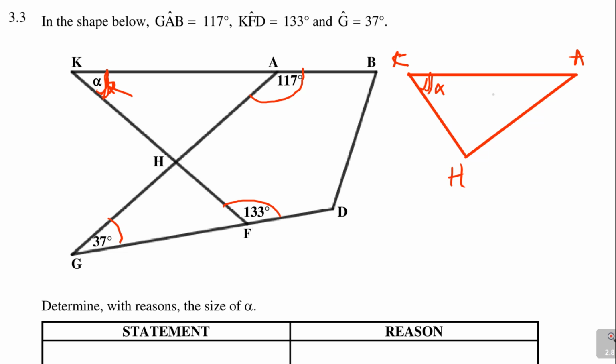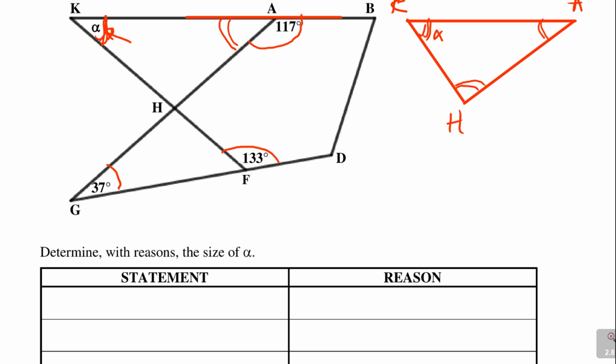This is your alpha. I need to find that, and I need to find this. Are you with me? Then we can talk about the sum of angles in a triangle. I can start with this line, sum of angles in a triangle, and find this one here. So KAH, that's the one I want to find.